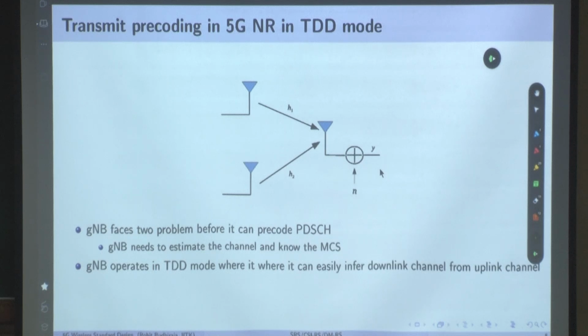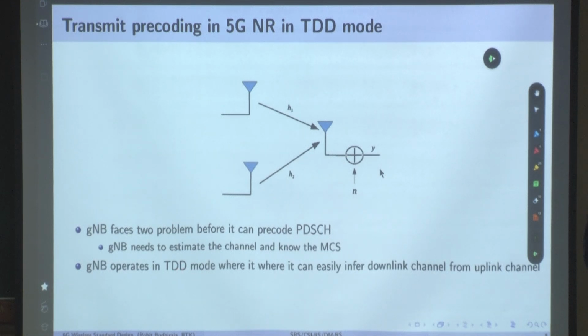So the first assumption, in order to help us out with this channel estimation, is that the gNodeB operates in TDD mode, where it can easily infer the downlink channel from the uplink channel. What is TDD mode basically?